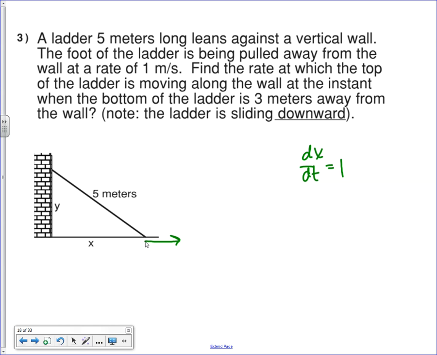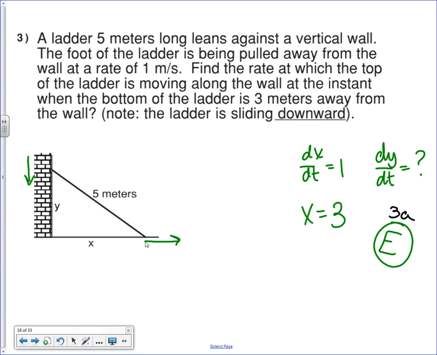Find the rate at which the top of the ladder is moving along the wall, so that way, which would be dy dt, at the instant when the bottom of the ladder is 3 meters away from the wall. So that would be x is 3. Again, it says note that we are sliding downward. So all of this information that we are given corresponds to letter E.